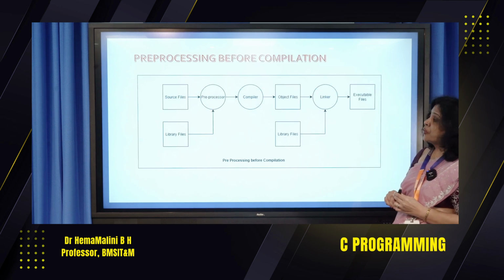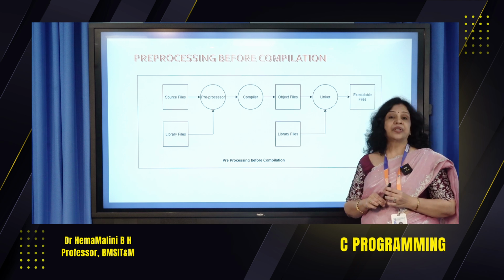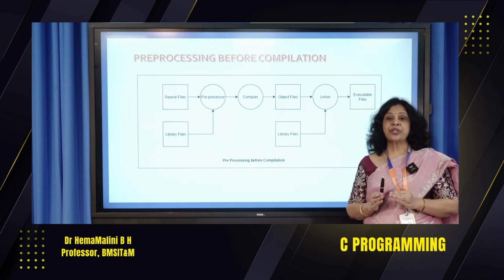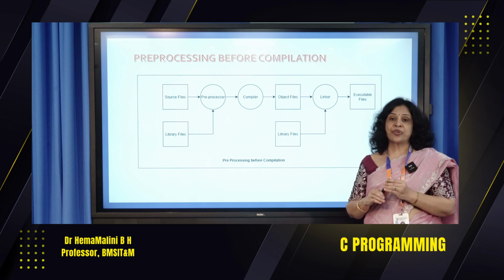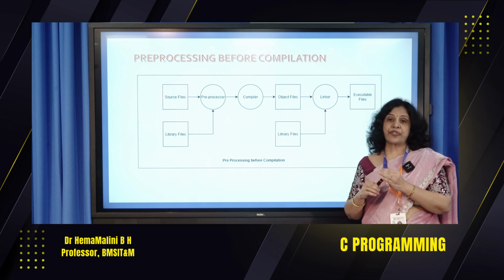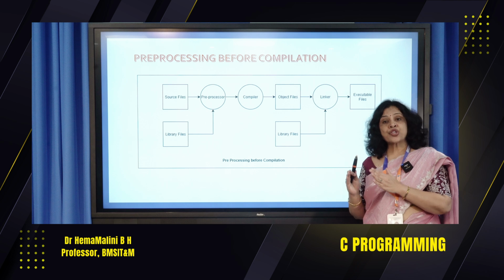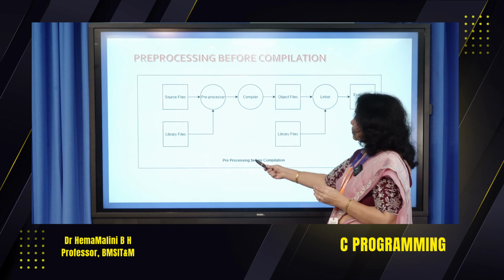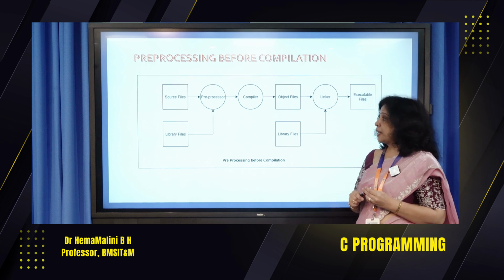Now, pre-processing before compilation. Assume we have a main program or main function, and one or multiple user-defined programs. How does the compilation actually take place? Let's see the pre-processing before compilation.